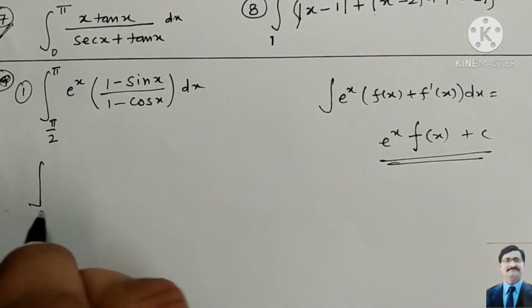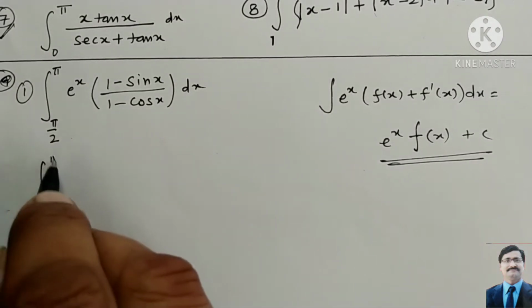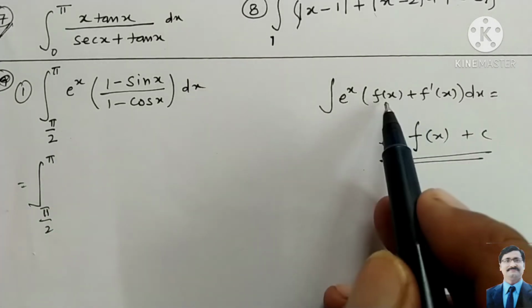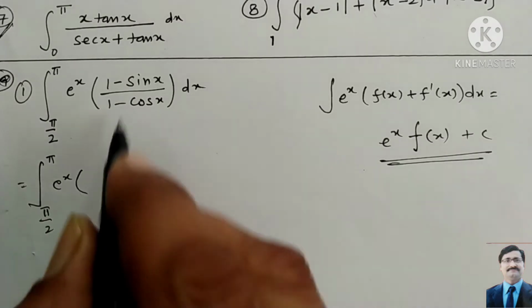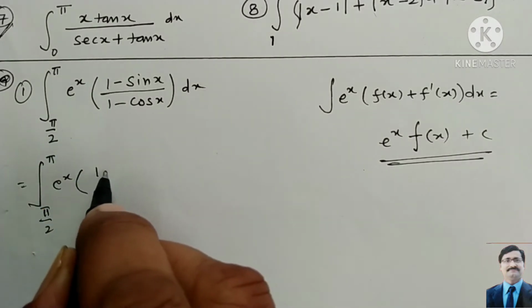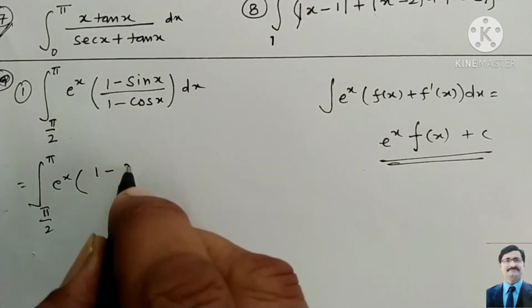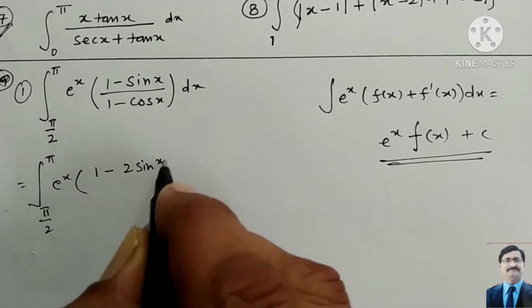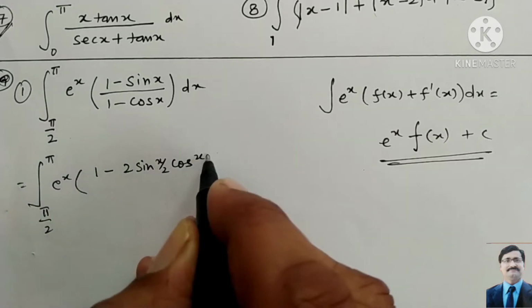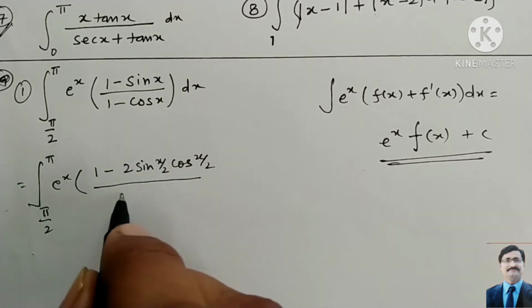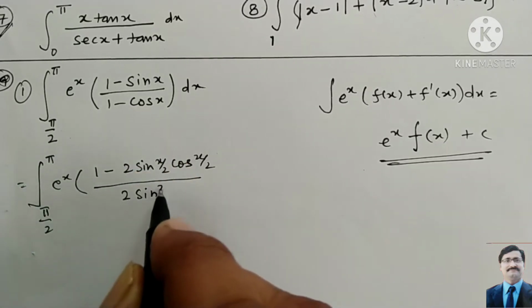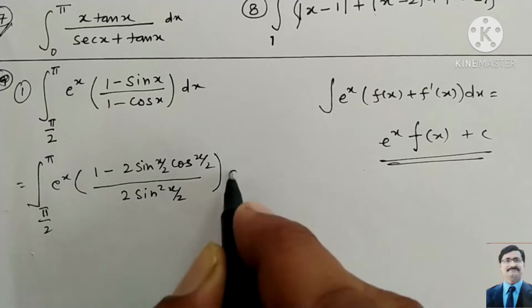Before that we have to arrange in a proper way so we can identify fx and f dash x. So we can write e power x (1 minus sin x), we can write 2 sin x by 2 cos x by 2, and 1 minus cos x we can write as 2 sin square x by 2, dx.